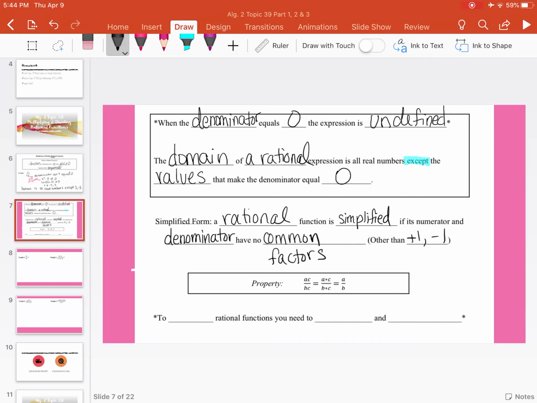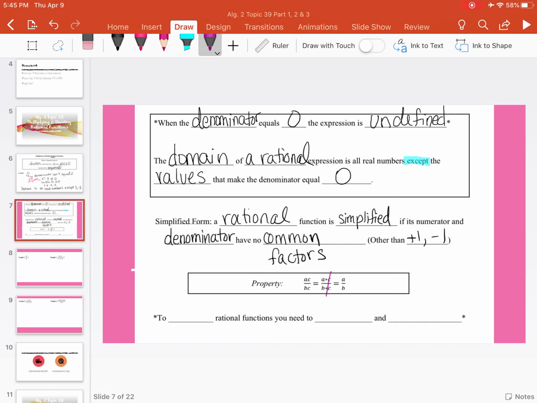So when simplifying rational functions, we're going to use this property, AC divided by BC. Now that's the same thing as A times C divided by B times C. And because we have C as a factor in our numerator and C as a factor in our denominator, they reduce. So all we're left with is A divided by B.